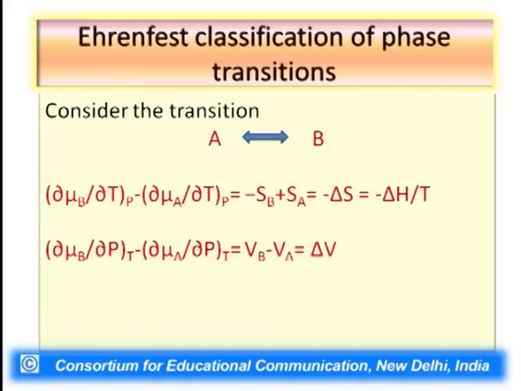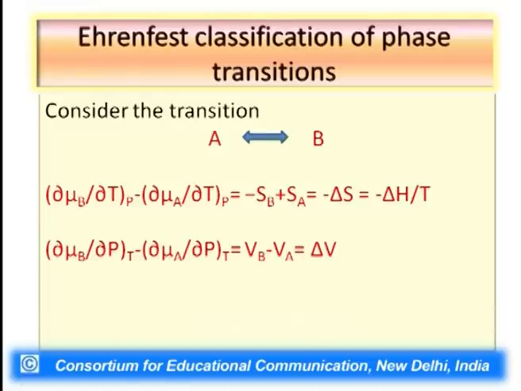Before that, we would like to further impress upon one important point, that is called Ehrenfest classification of phase transitions. According to Ehrenfest classification, suppose there is a chemical species, any chemical species, which undergoes transition from one of its phases to the other phase.